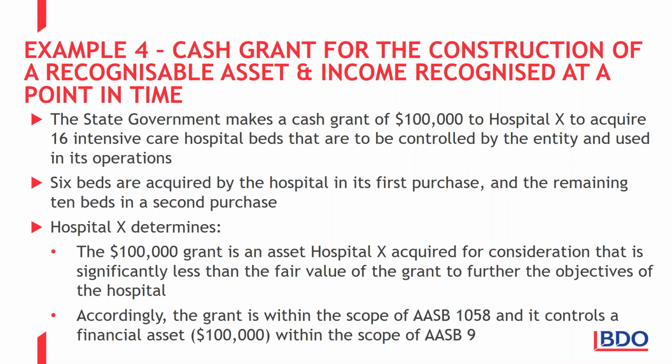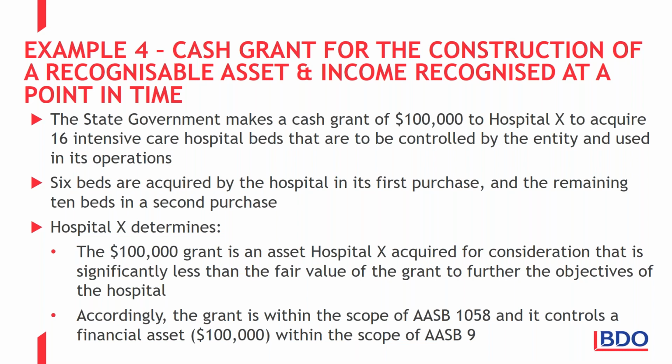Now, 6 beds are acquired by the hospital in its first purchase and the remaining 10 a few months later. Hospital X determines that the $100,000 grant is an asset that Hospital X acquired for consideration that is less than the fair value, and it's to further our objectives. The grant is within the scope of AASB 1058.